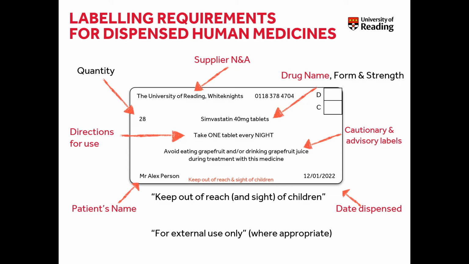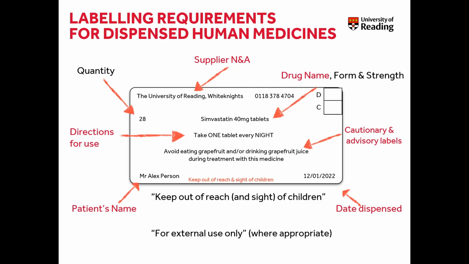We need to have the drug name. We need to have the cautionary and advisory labels, the patient name, the date the product was dispensed, and the directions for the patient on how much to take. We also need to have the words keep out of reach, and this is printed automatically on the labels.